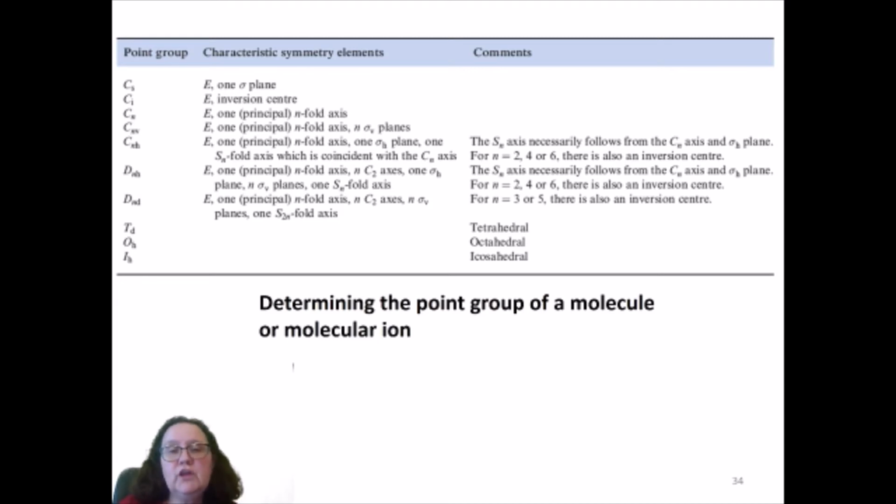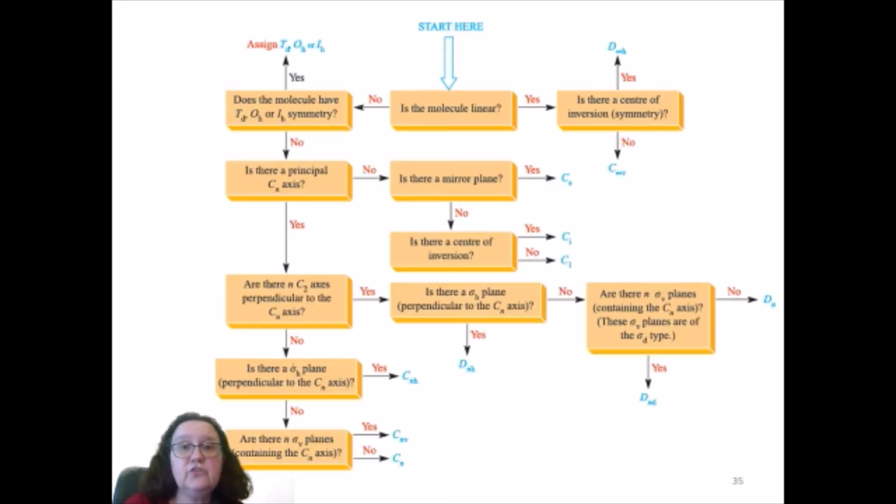So how do you determine the point group of a molecule or a particular molecular ion? How do you determine to which point group they correspond? Well, you look at the symmetry elements and then see in which category, in which particular point group they would fit. And to do that, we use something called character tables, which are decision trees that help you identify to which point group your molecule belongs.